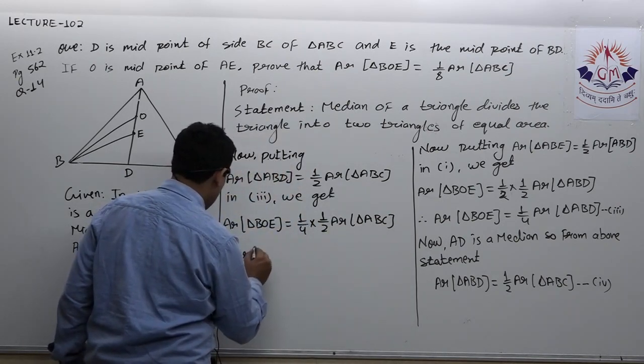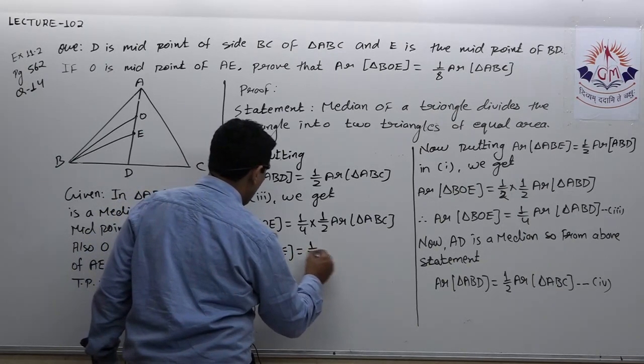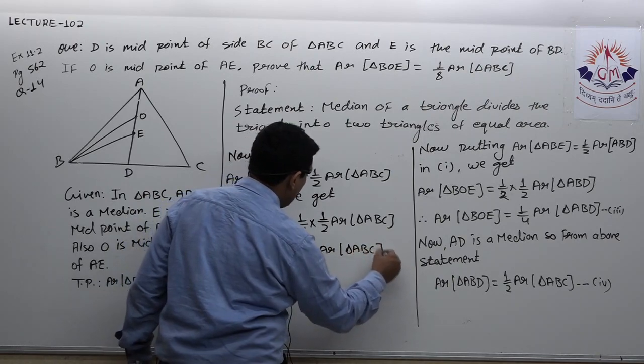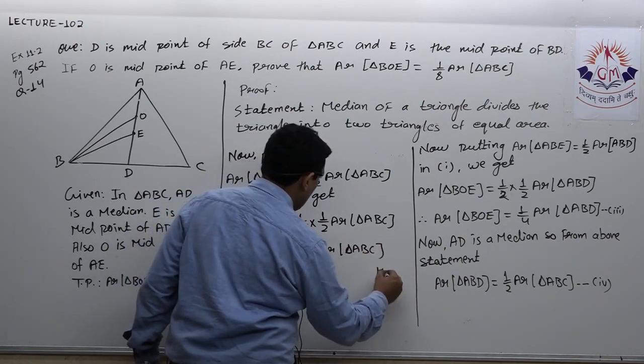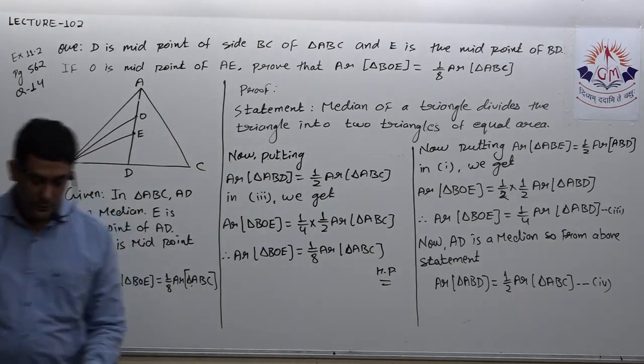Therefore, area of triangle BOE is equal to 1 by 8 area of triangle ABC. Hence proved. Please note it down.